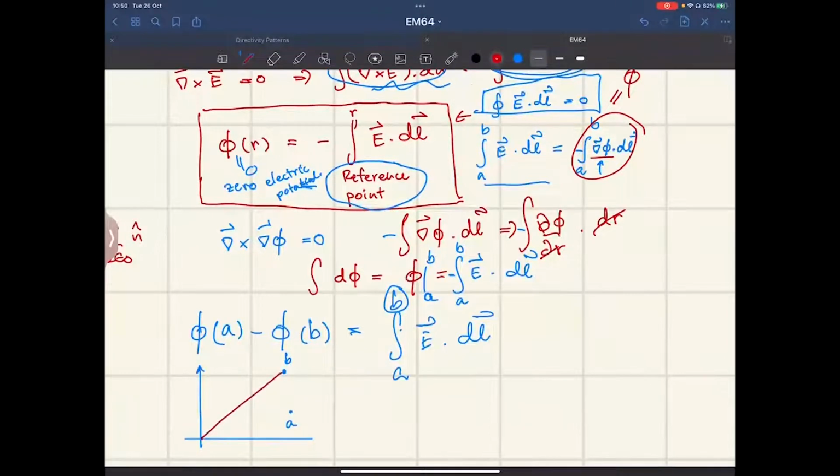From here to here, we want to find, at point B, there's a charge. There's an electric potential phi B here, and at this point, they have an electric potential phi A here. To be able to find this electric potential, you need to find the reference point. Normally, the reference point is the point at infinity.